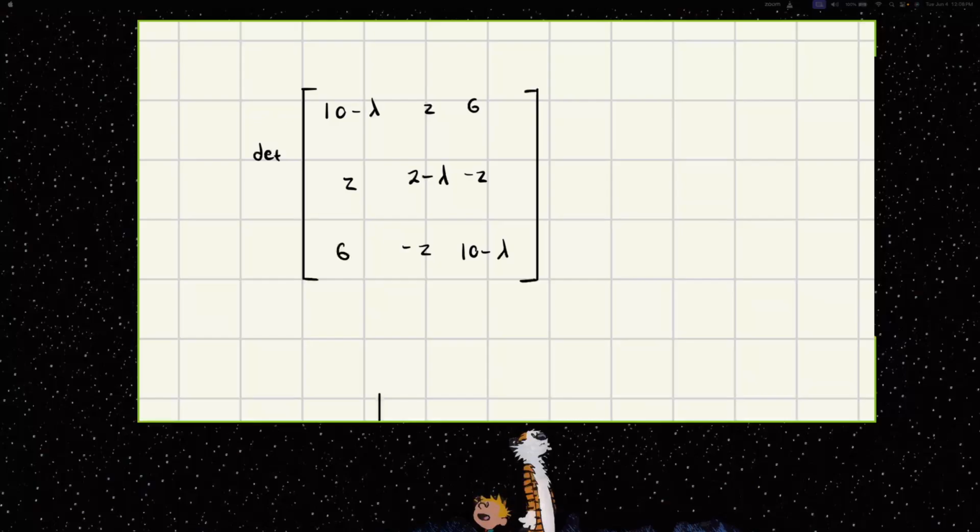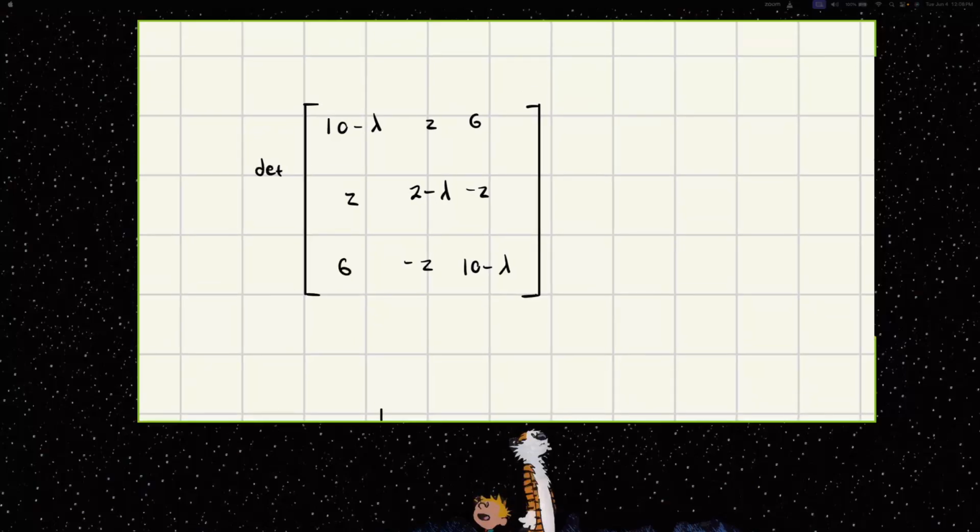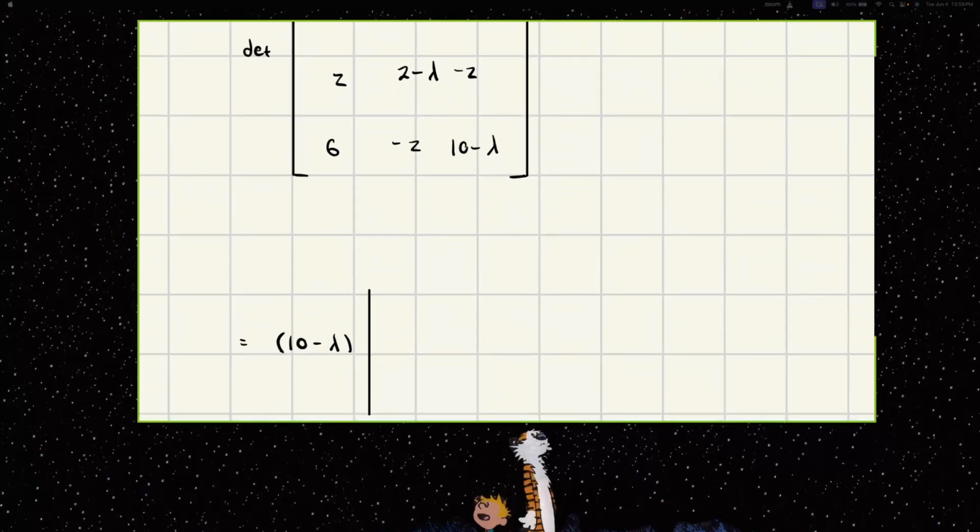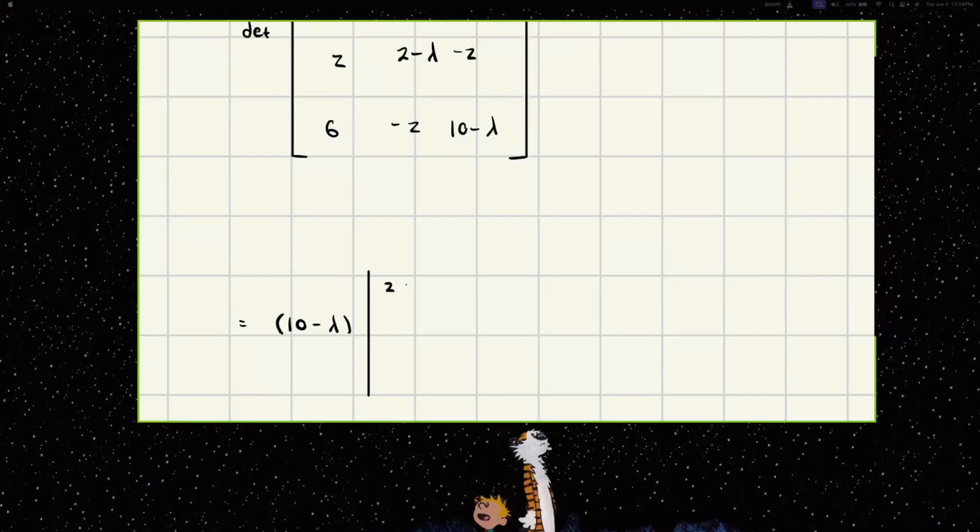And so what we do is we ignore everything in the ith column, and we just focus on all the elements of the jth and kth column here. So we're going to get 2 minus lambda, negative 2, negative 2, and then 10 minus lambda.